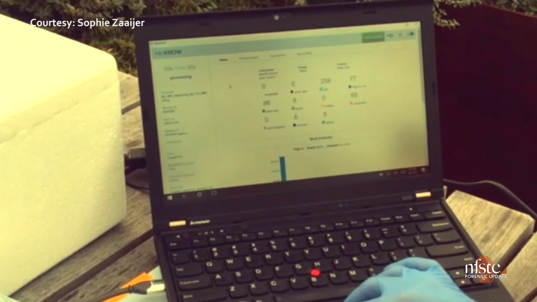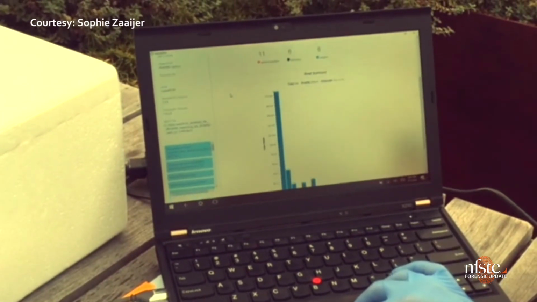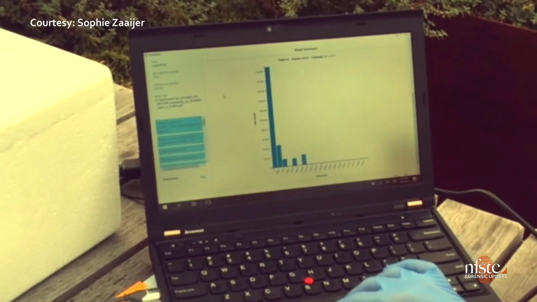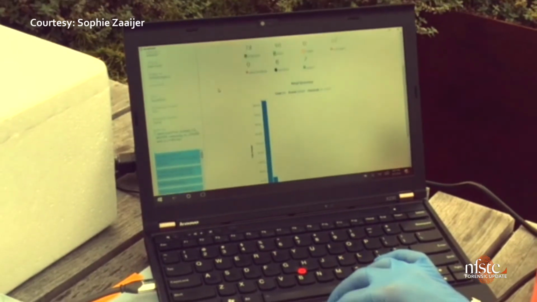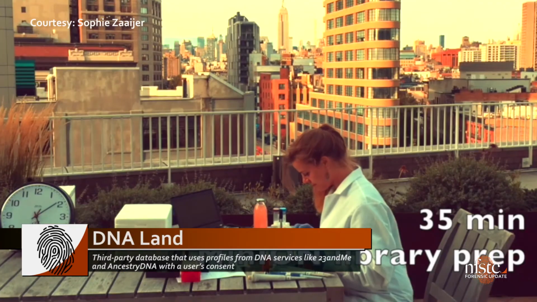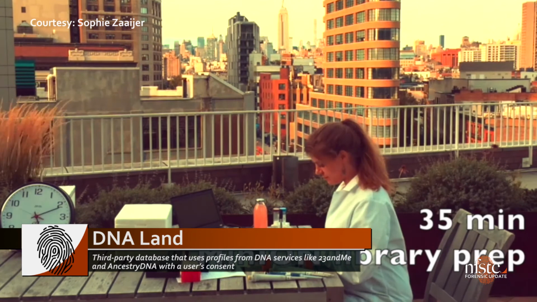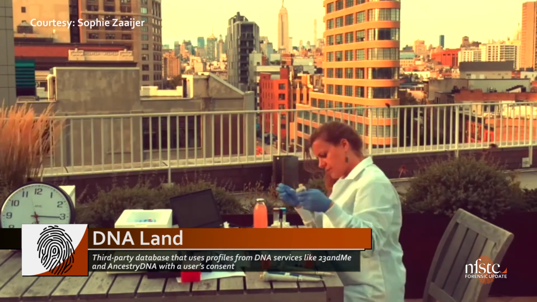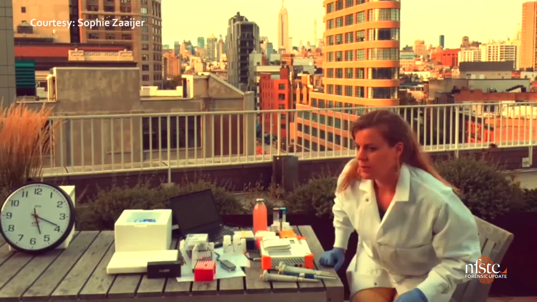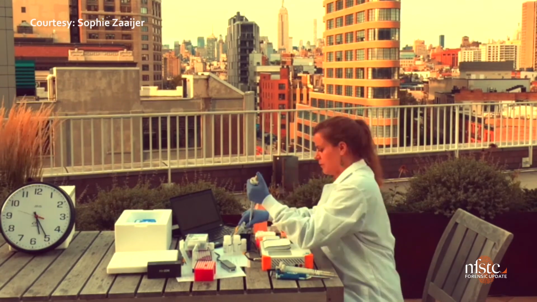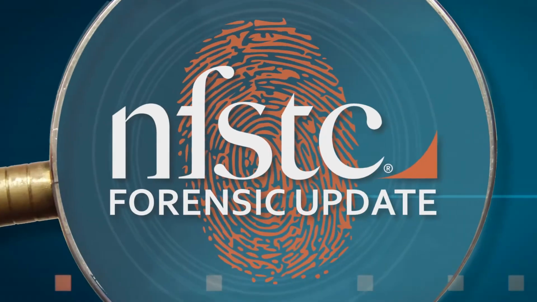Next, using an algorithm, the researchers randomly compare the selected variants to corresponding ones with profiles in a database, like DNA Land. With a price tag of only $1,000 for the sequencer, researchers say this combination could be used by agencies across the globe for cases like identifying victims of mass casualties.